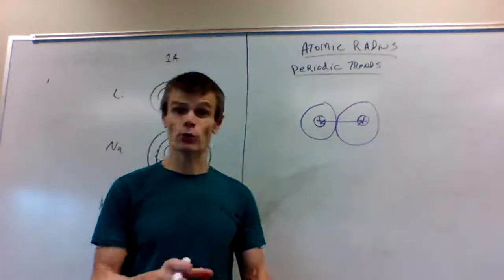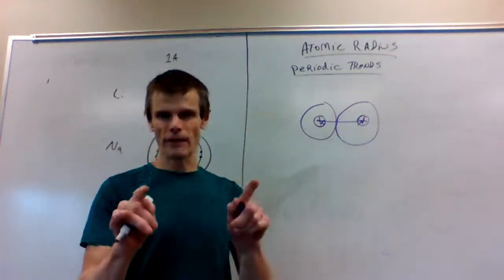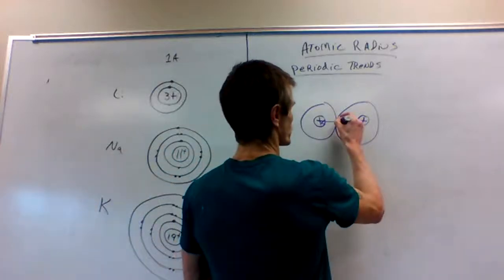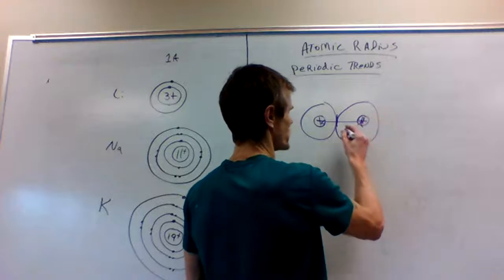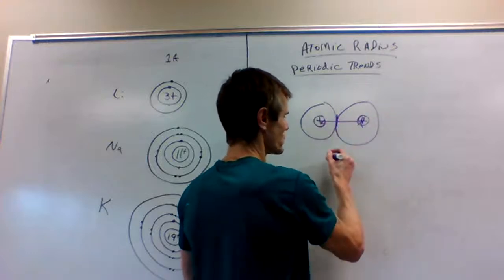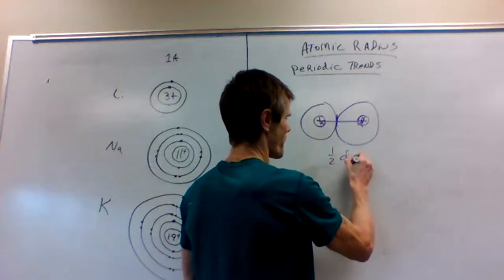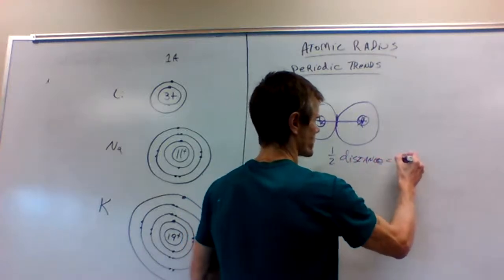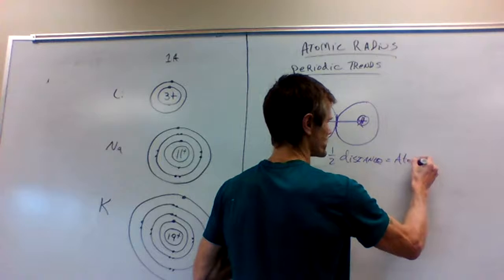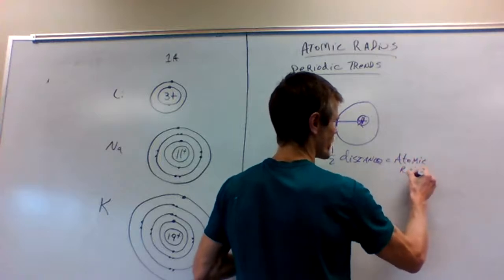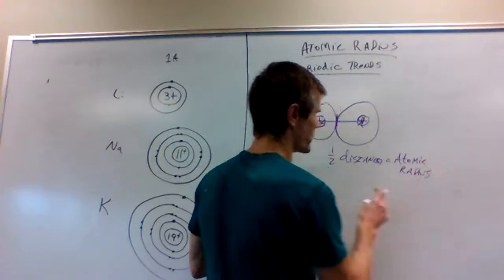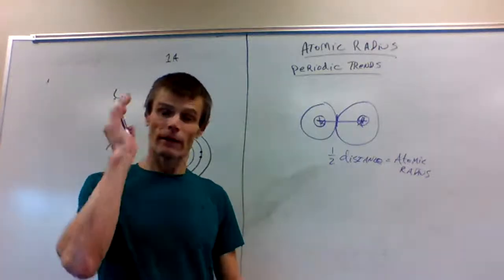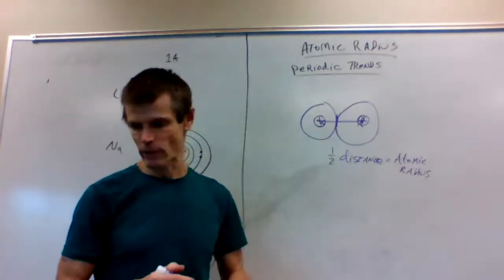Half the distance between those two nuclei, that's going to be the radius of the atom if these two atoms are the same. So one half the distance between these two nuclei equals our atomic radius. So that's how we experimentally determine it. We're not going to ask any kind of questions about it on an exam. I just wanted you to know where it's coming from.